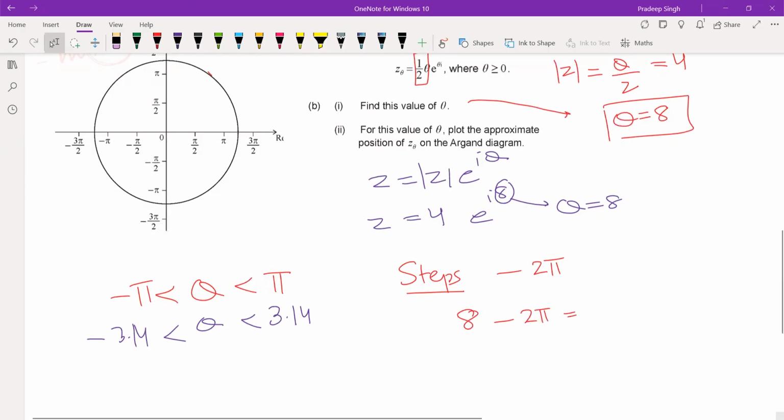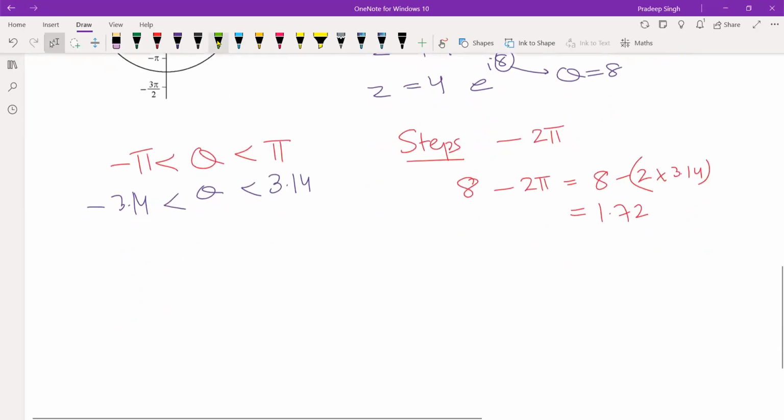If you do 8 minus 2 pi, this will be 8 minus 2 into 3.14. This comes out as 1.72 radians. Now, this value definitely falls under this range. So let's draw a rough diagram.